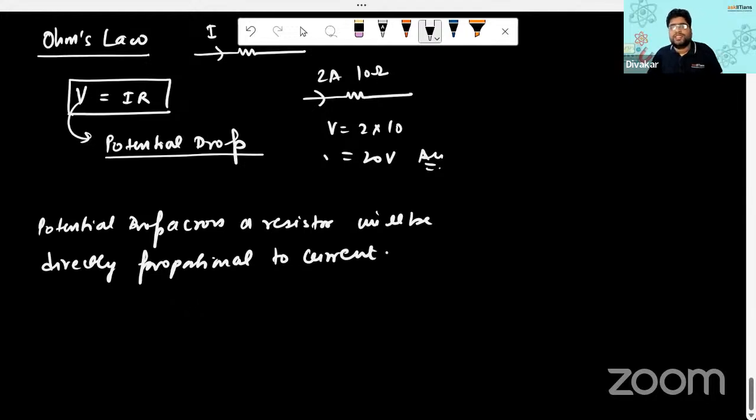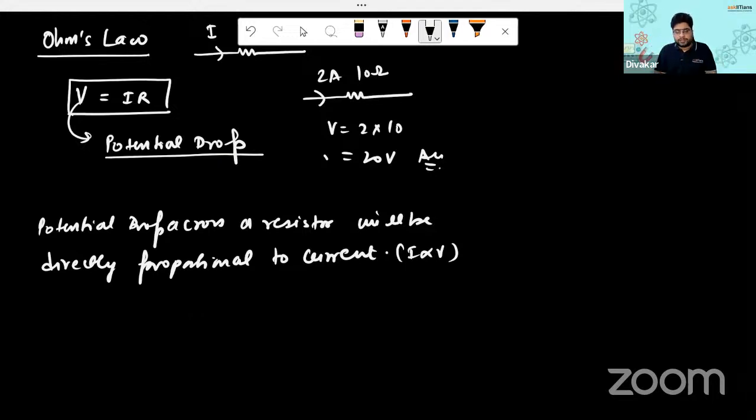Now, a few of you may say that some books say I is proportional to V. Actually, in reality, I is proportional to V only, because V is the independent variable and I is the dependent variable here. V is what you change and I is the consequence that changes.